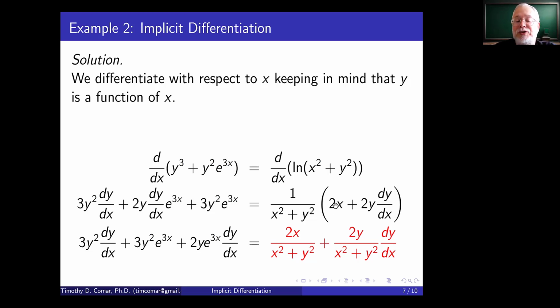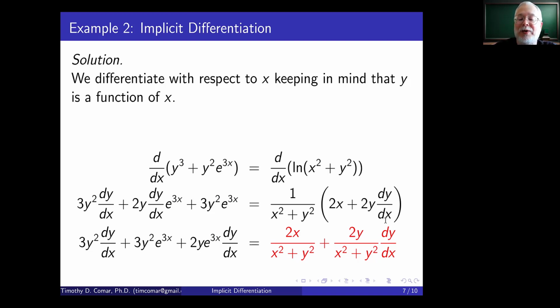It's important to know that this factor of 1 over x squared plus y squared is multiplied by the 2x and the 2y times dy/dx. I have seen many students run into trouble with the algebra at this particular point. So I wanted to point that out for you.